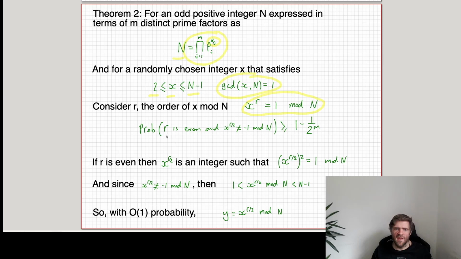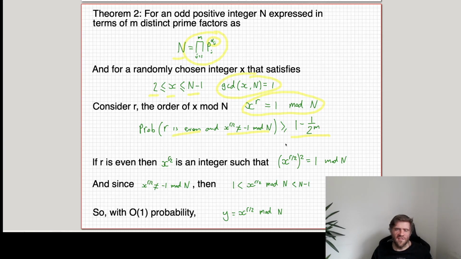And the probability that the order r of x modulo n satisfies two conditions, that a, it is even, and b, that x to the power of r over 2 is not equal to minus 1 mod n, is at least 1/2, basically.